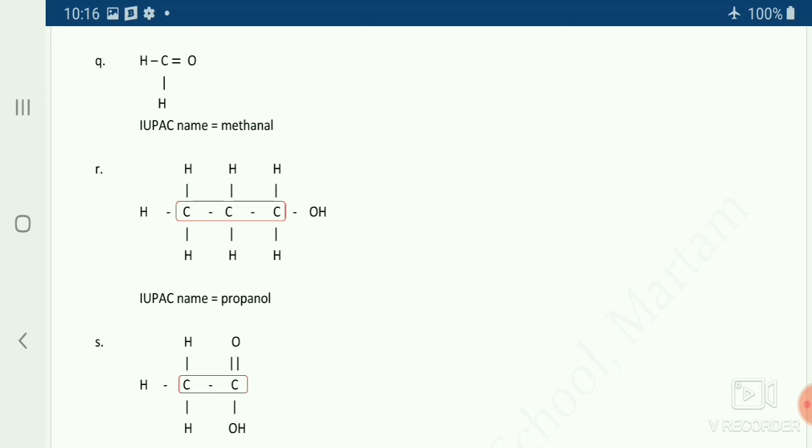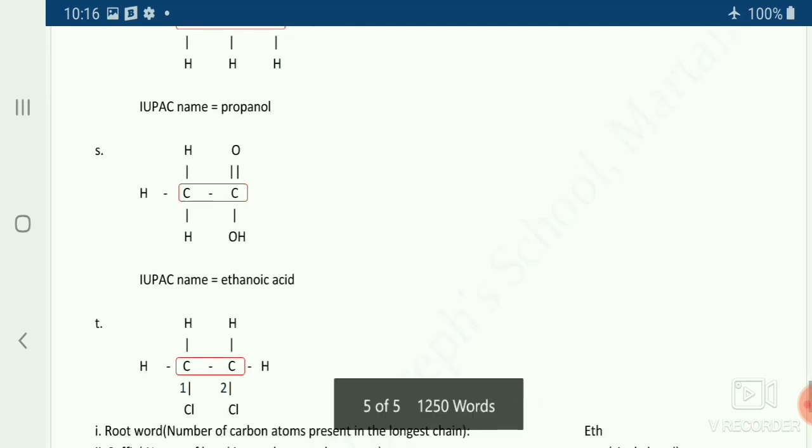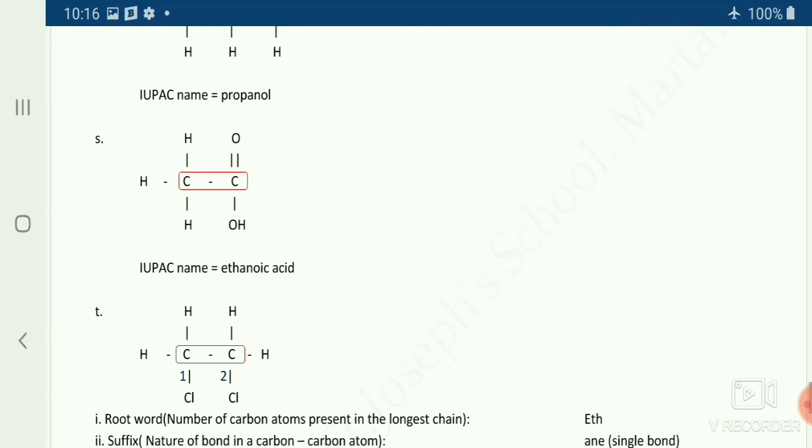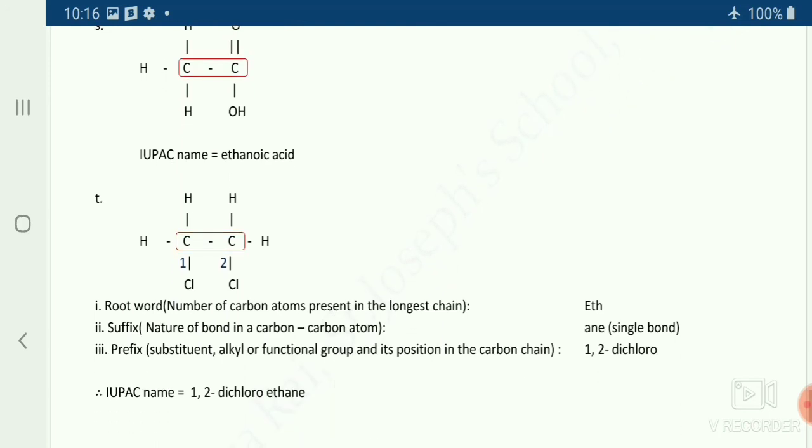There are 3 carbons, so meth, eth, prop, and this is how you write the structure of propanol, the alcohol group. The next one is the carboxylic acid group, 2 carbons means meth, eth, and it is an acid group, so the name will be ethanoic acid. You have to know this by heart.